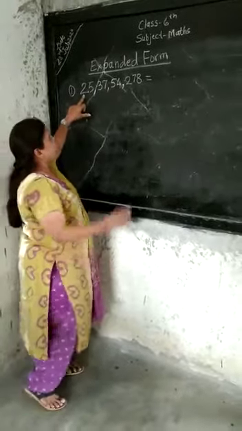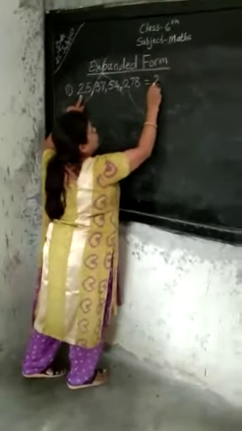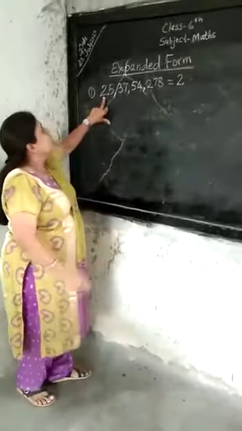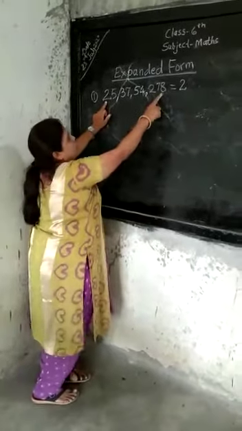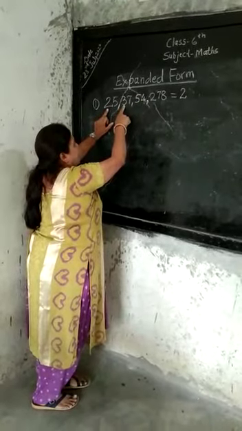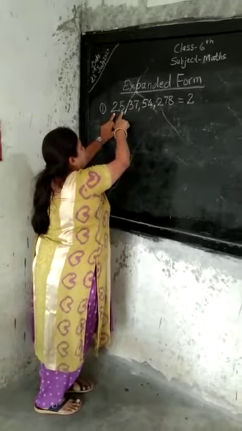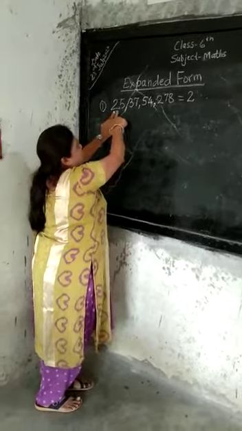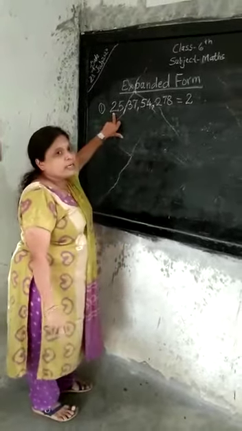We have to write the place value of 2. Which place is 2 in? Ones, tens, 100, 1000, 10,000, lakh, 10 lakh, crore, 10 crore. So 2 is in the 10 crore place.